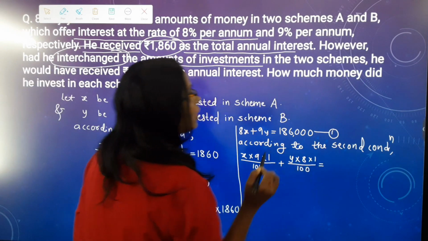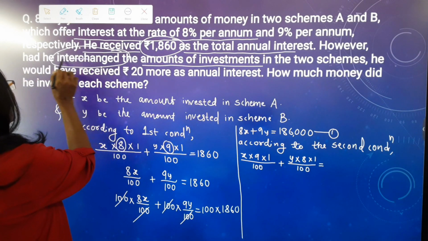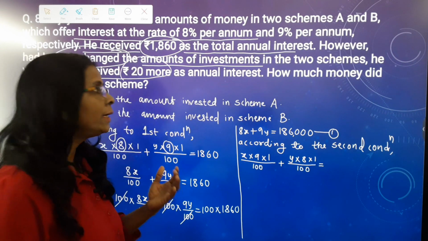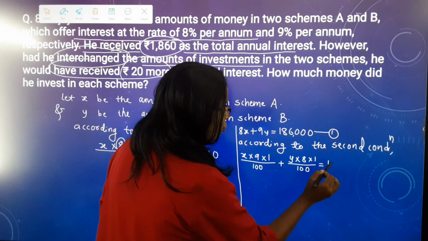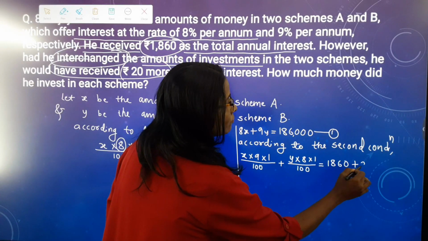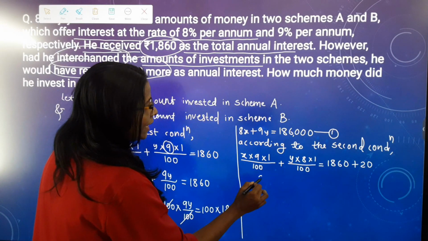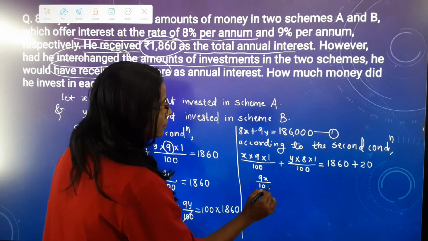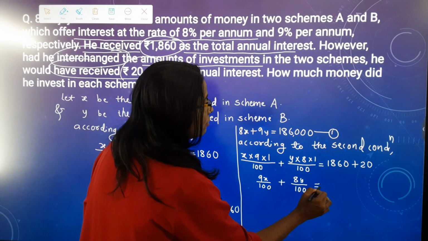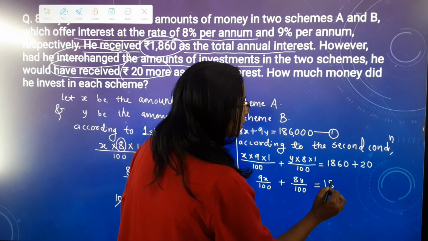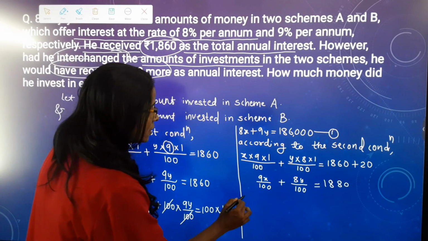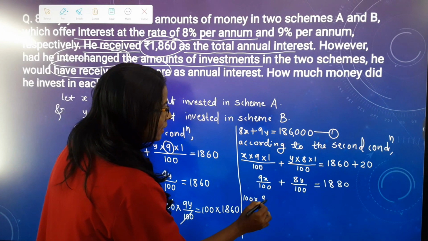And then what will happen? Then he would have received 20 rupees more. So that means 1860 plus 20. So now 9x upon 100 plus 8y upon 100 is equal to 1880. Now simplify these equations, students, by multiplying both the sides by 100.